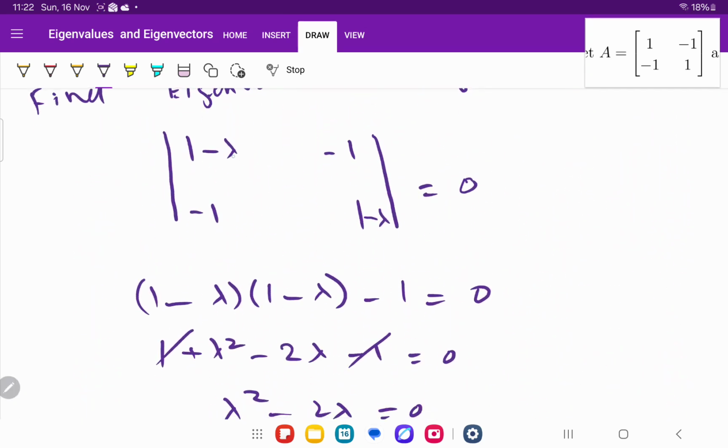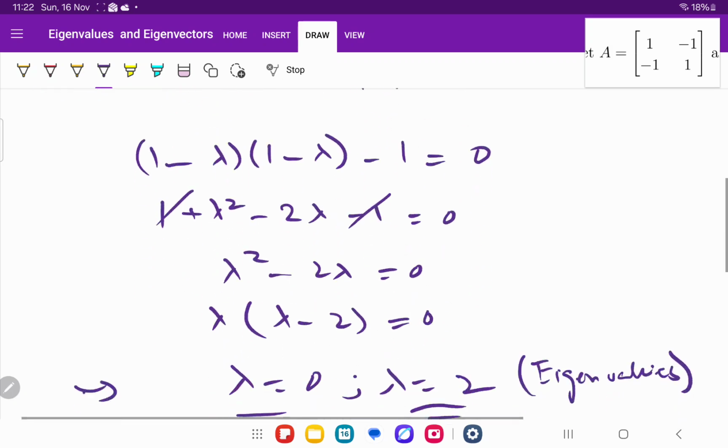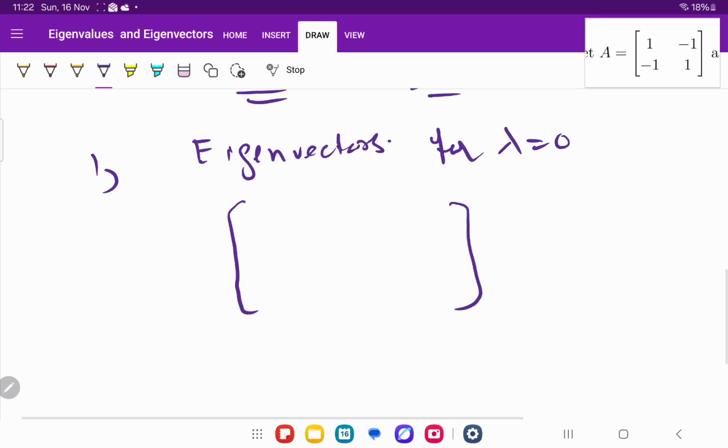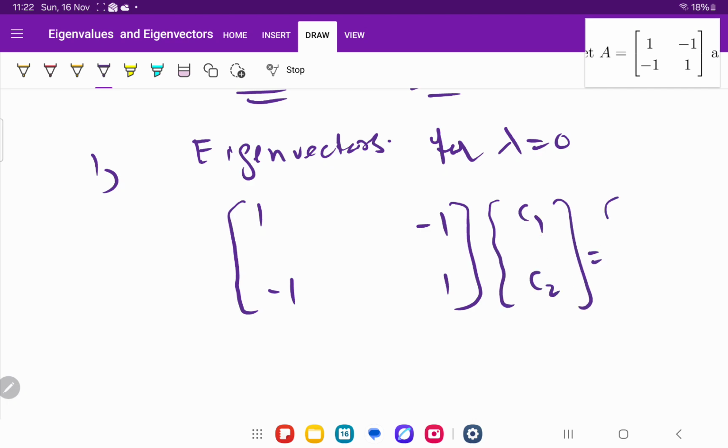So lambda is 0, which means we remain with 1, minus 1, minus 1, 1. And you have to write C1 and C2 equal to 0, 0.